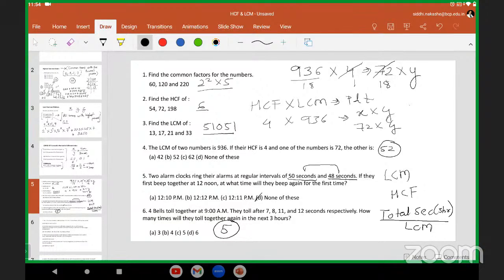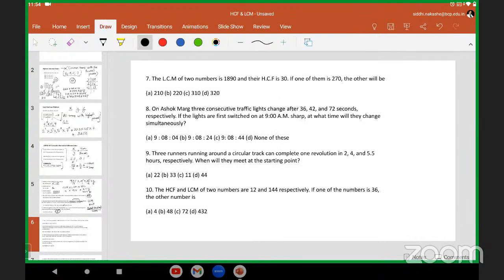Okay. So let's move to the next question. Similarly, use the formula and check what's the answer.